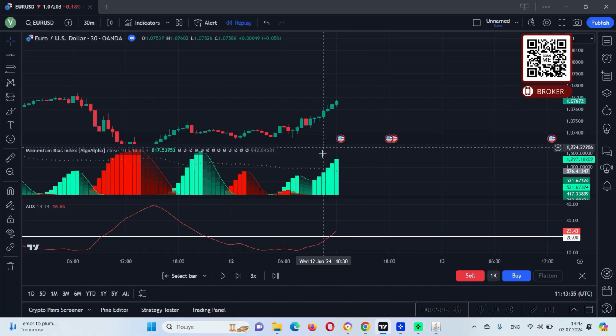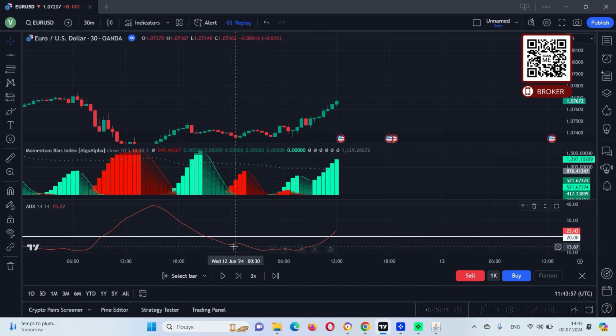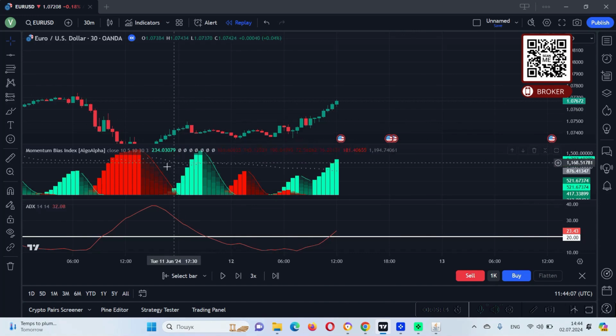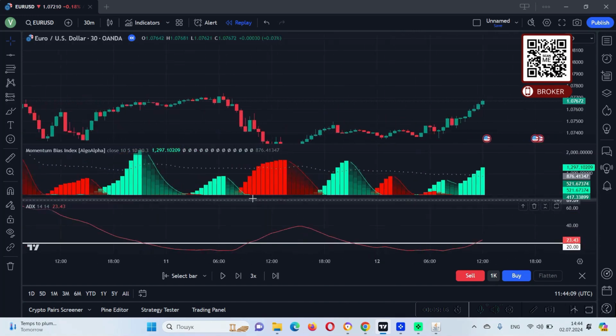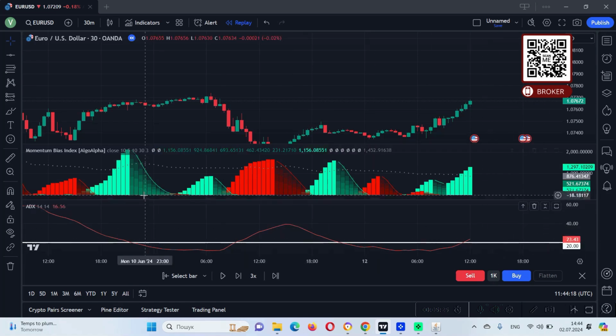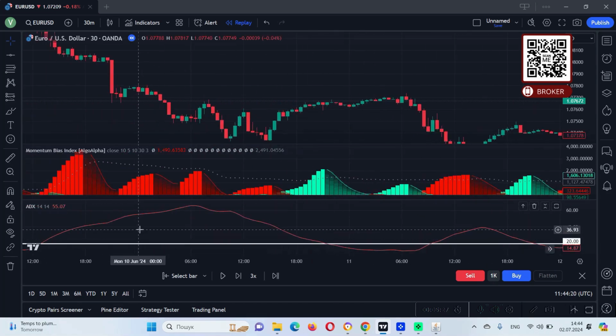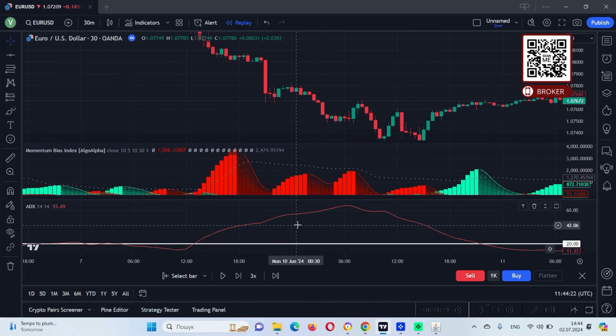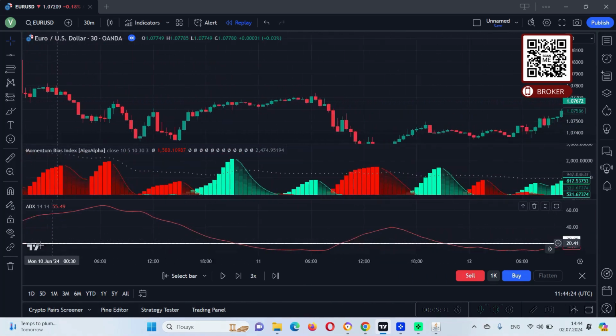But what else did I intend to convey when this red line is beneath the white line? Then we never open trade agreements. Trades are initiated only when the red line is positioned above the white one. Only then do we initiate both purchase and sale transactions.